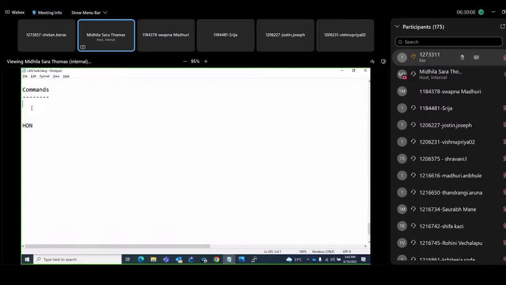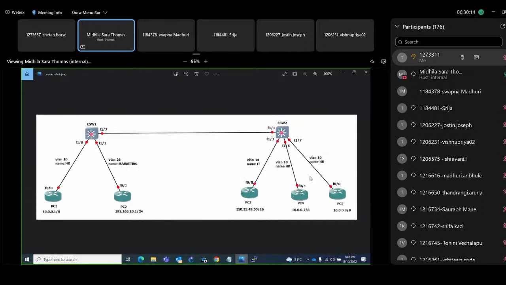Okay, fine. Let me close this. Yeah, this diagram is enough. So now tell me, can you understand this? How many VLANs are there in this diagram? 3? Okay.